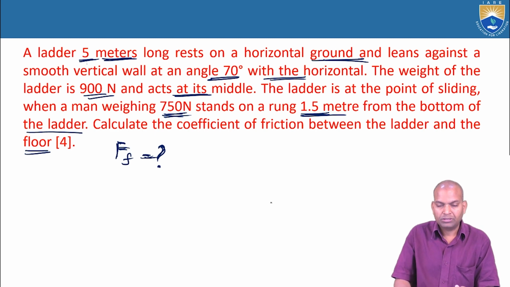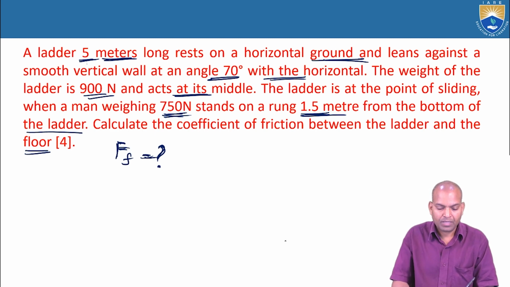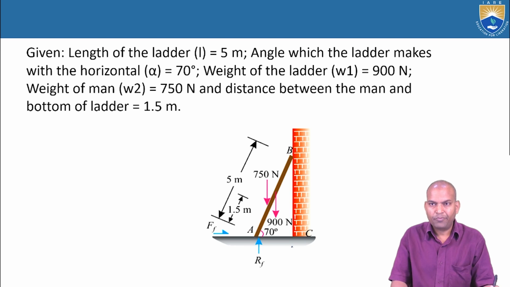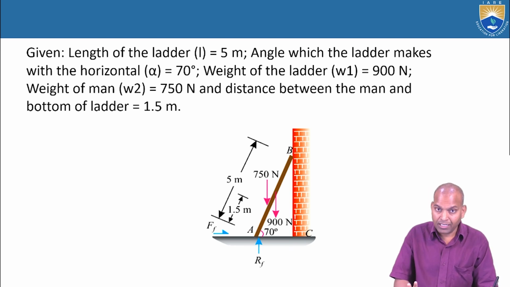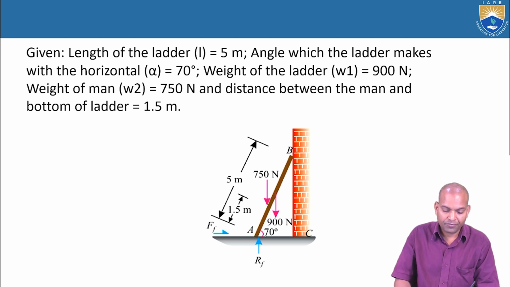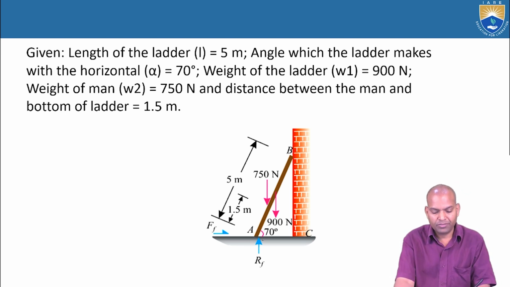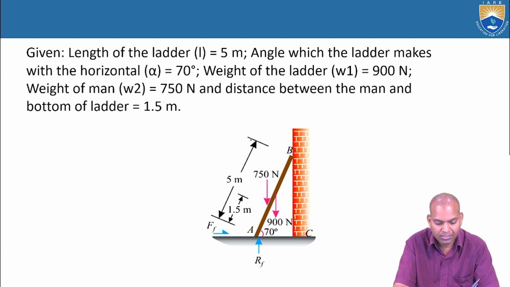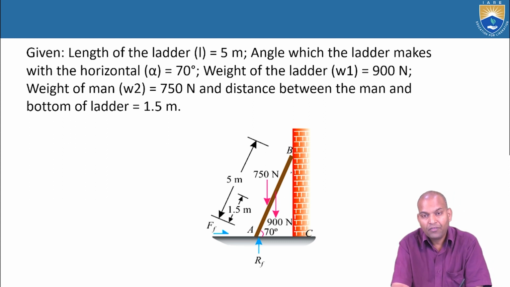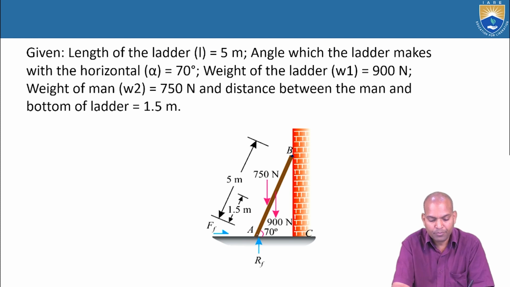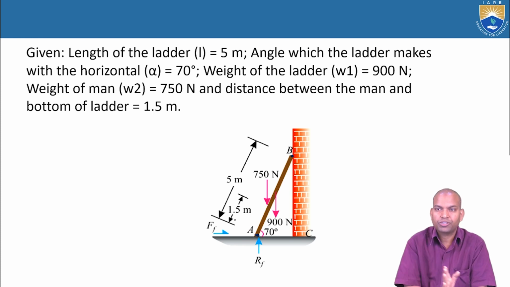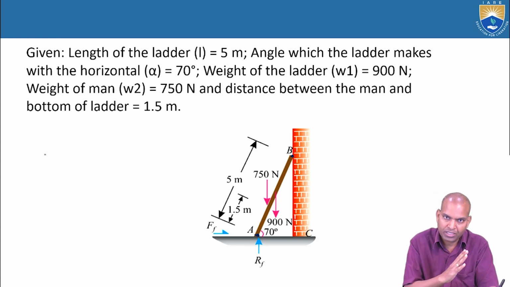Now, based on the given input data, this diagram is obtained. The diagram is not given, so based on the data we have drawn the free sketch. The observed sketch looks like that. The ladder is 5 meters long, with its angle of inclination, and points A and B. It leans towards the right, though you can make it lean left also, nothing wrong.